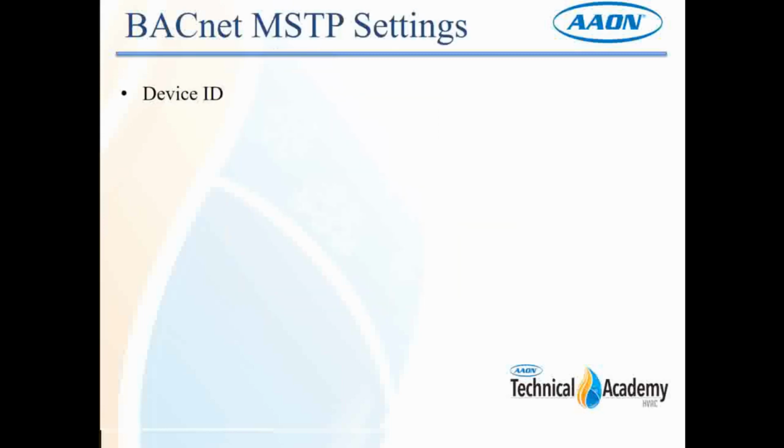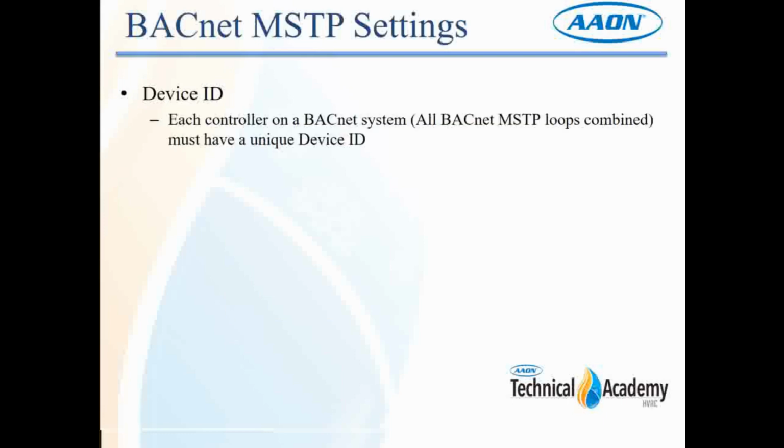So the next setting that we need to talk about is the device ID. Each controller on a BACnet system, this is all loops or all router loops that you have combined, and if you have additional jobs or buildings, all devices on a system must have a unique ID.